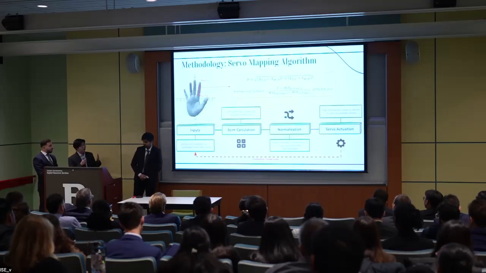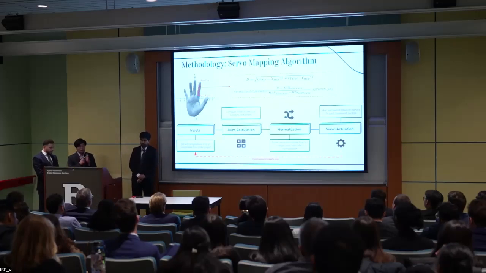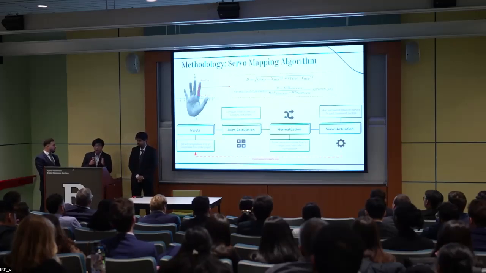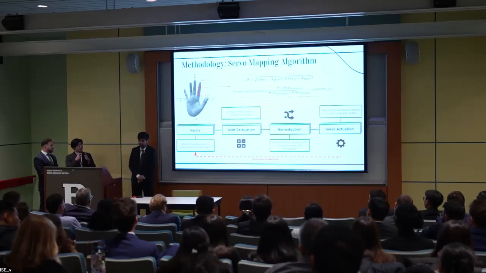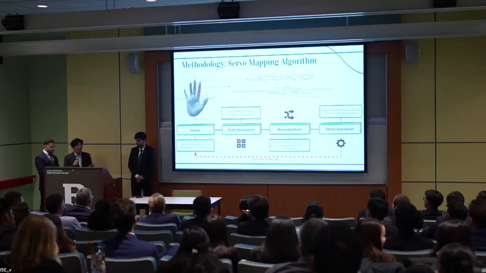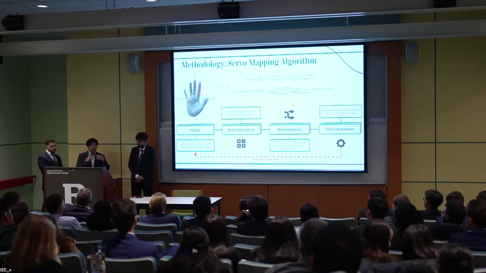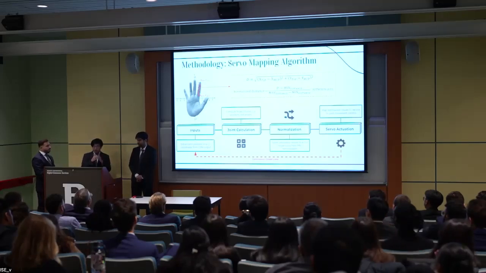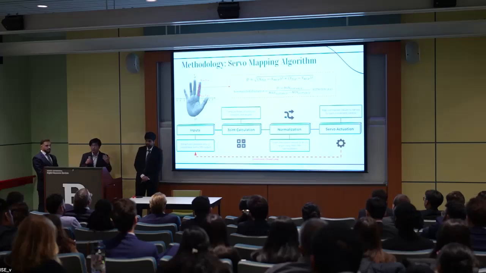We use the top joint on the tip of the fingers with the joint closest to the palm, and this joint acts as our input. Then we calculate the distance between these joints to see whether or not they're curled, and we normalize this curling into 0 to 1 so that our servo moves based on the distance of the fingers. So if it's 0, it's fully curled. If it's 1, then it's fully extended.